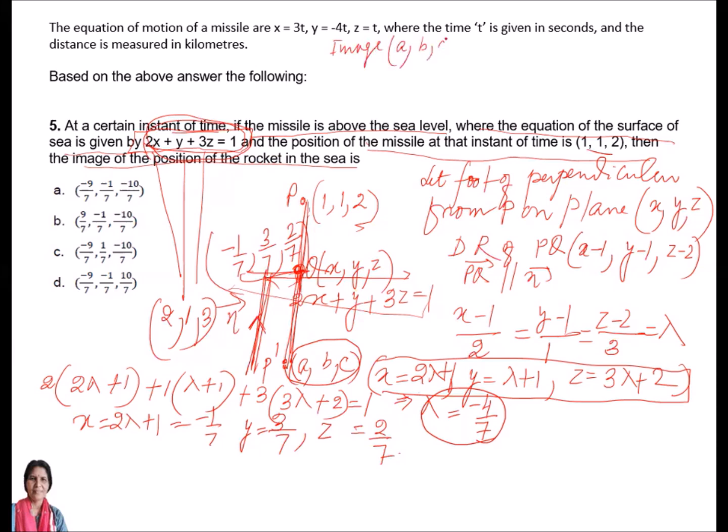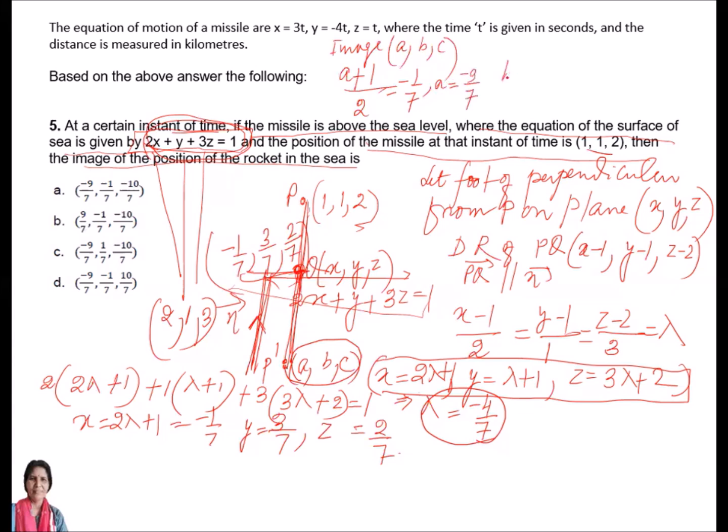I am applying the midpoint formula. So (A plus 1) by 2 is equal to minus 1 by 7. Then A will be how much? A will be your minus 9 by 7.